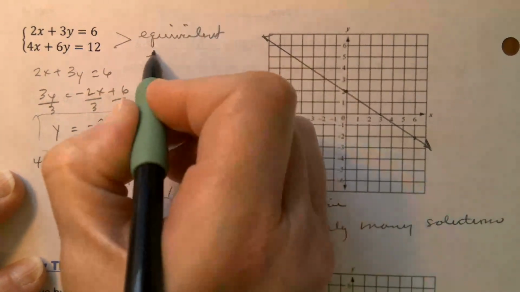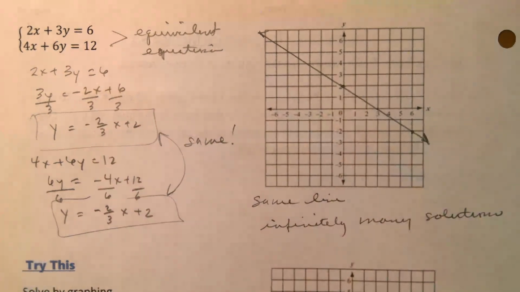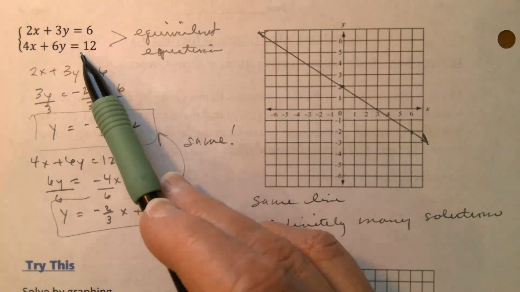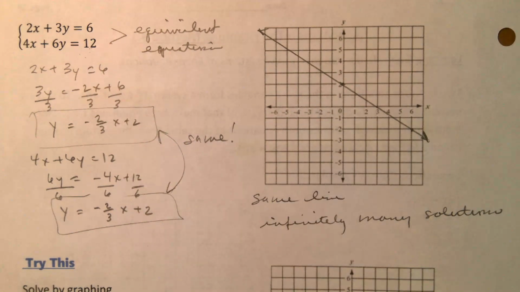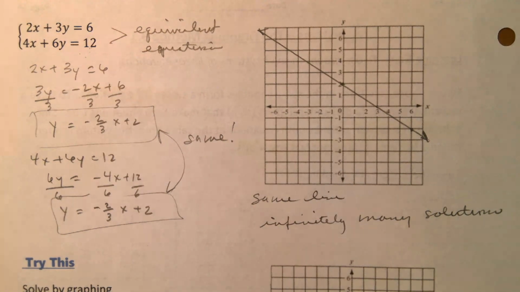Equivalent equations. If you think about equivalent fractions, like 1/2 and 10/20ths are the same. It's just two ways of writing the same thing. These are equivalent equations, just two different ways of writing the same equation. This one, if you divided everything by 2, you're going to get the first one.